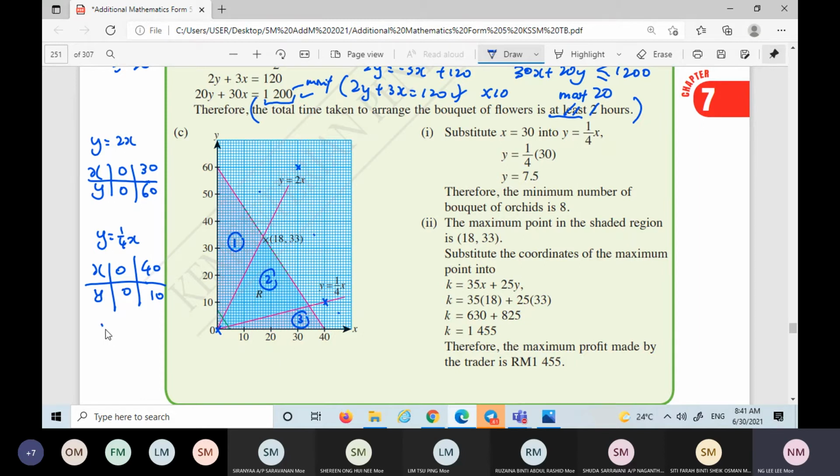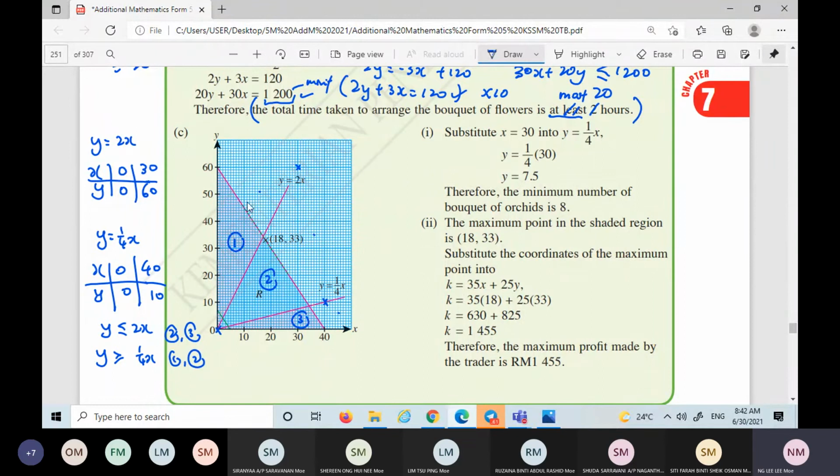For the first constraint, which is this line, smaller than, so below. This one takes 2 and 3. The second constraint is this, bigger than. Looking at this line, bigger than, so it's above. So it's 1 and 2.